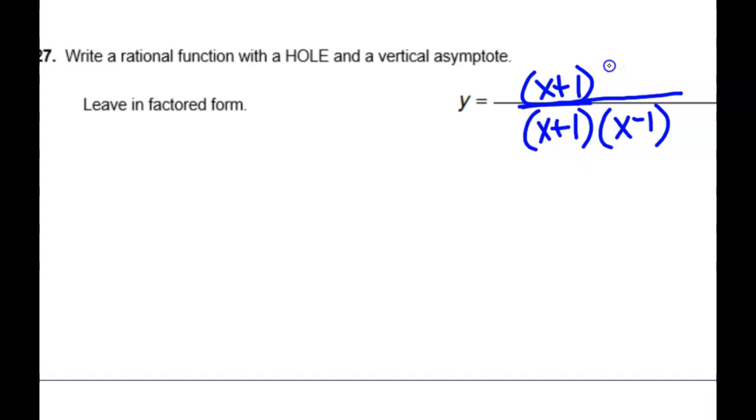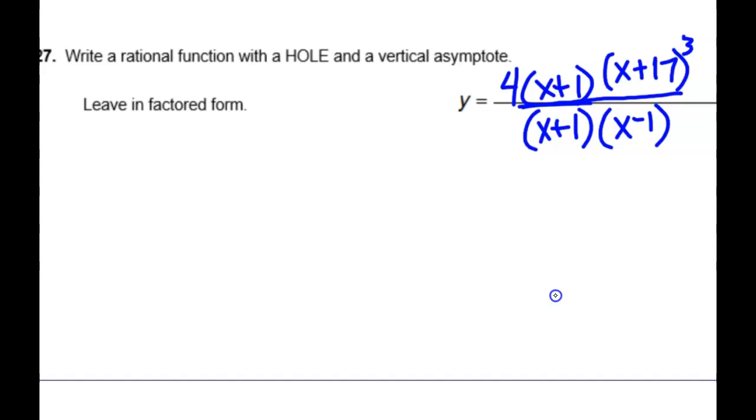Could you do whatever you want up top? X plus 17 to the third power. I don't know. You could put a 4 out here. You could leave it without anything else up top, as long as it had these two and another factor in the denominator. It would be a horizontal.